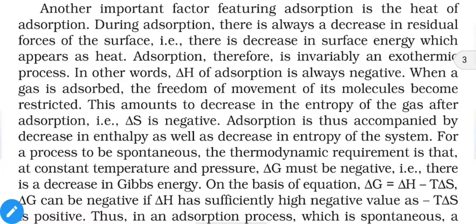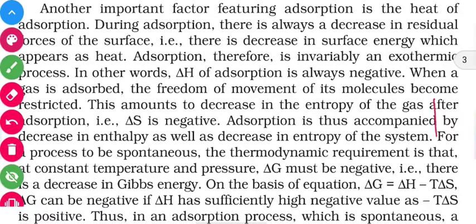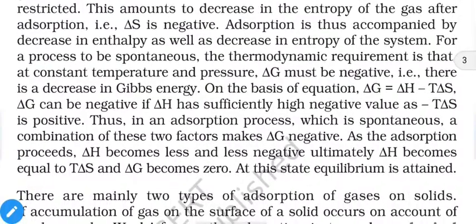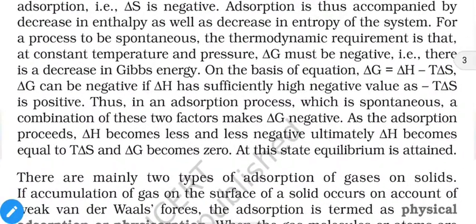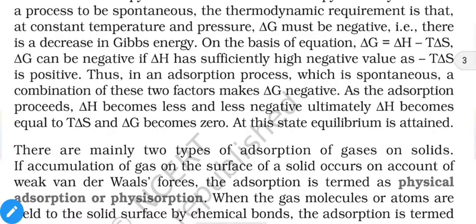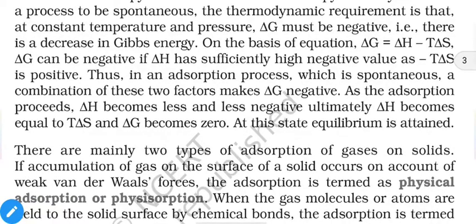On the basis of the equation delta G = delta H - T delta S, delta G can be negative if delta H has a sufficiently high negative value, when T delta S is positive. So we need a higher negative value of delta H so that we can obtain a negative value of delta G. Thus in the adsorption process, which is spontaneous, a combination of these two factors makes delta G negative.